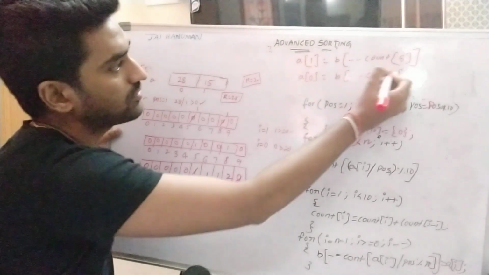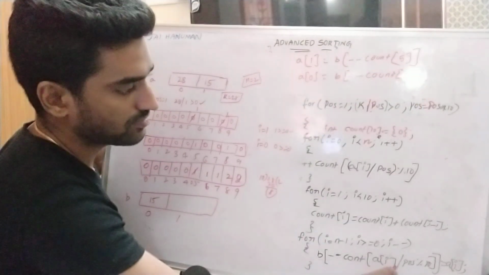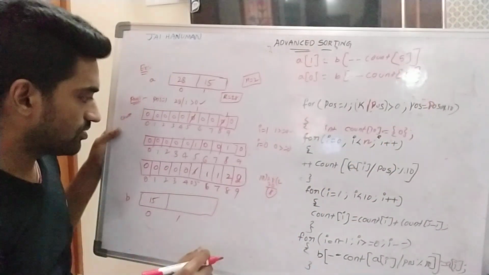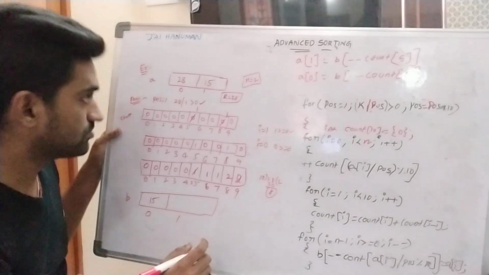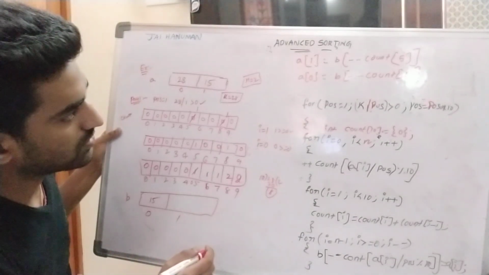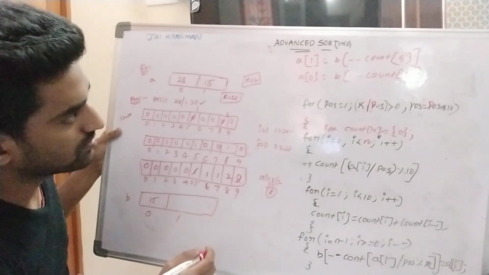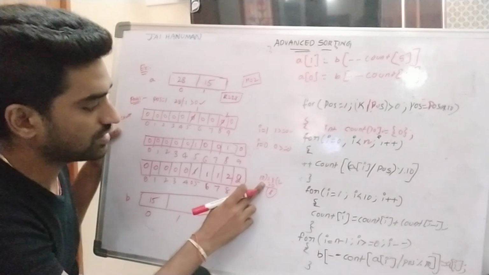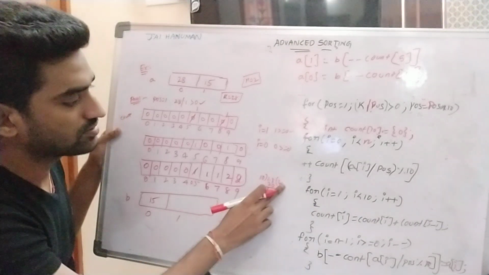So 2 modulo division of 10, which is 2. So go to index 2. Go to index 2. So count of 2, 10 twos are 20, 8.